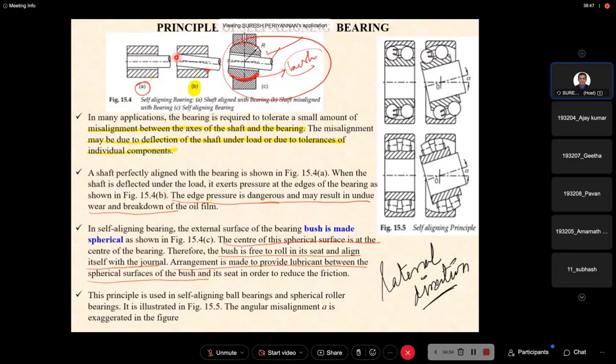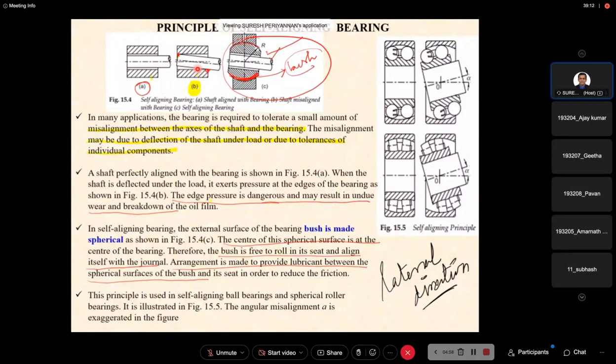This corner of the shaft is going to touch the top side of the bush, and the bottom edge of this journal is going to touch the bottom side of the bush. Then it prevents the lubrication from flowing between the bearing and the journal.